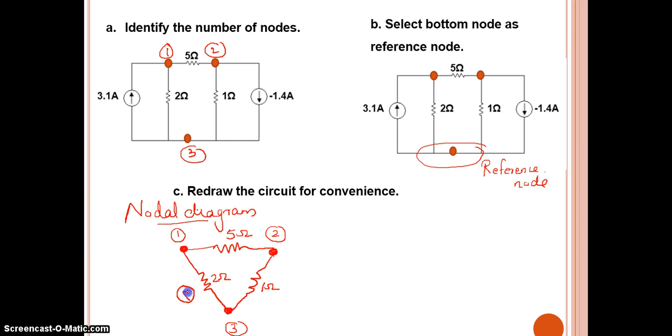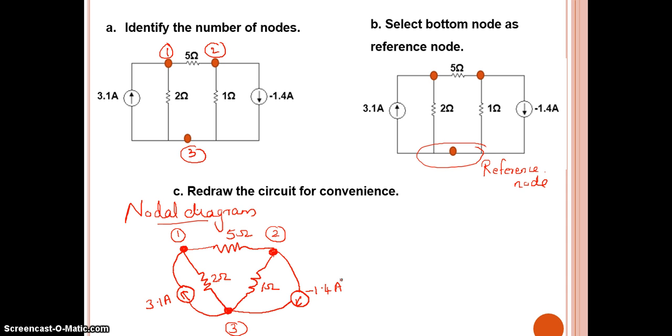Upward direction. So mark it as upward direction between 1 and 3. It is 3.1 ampere. Now between 2 and 3 we have another current source marked in downward direction as minus 1.4 ampere.